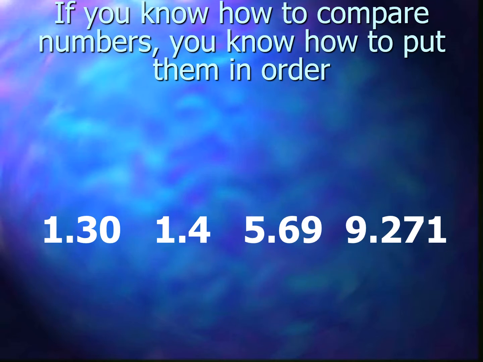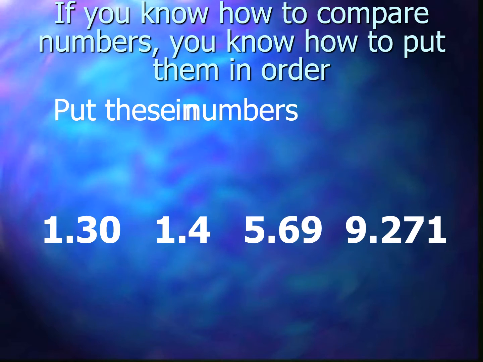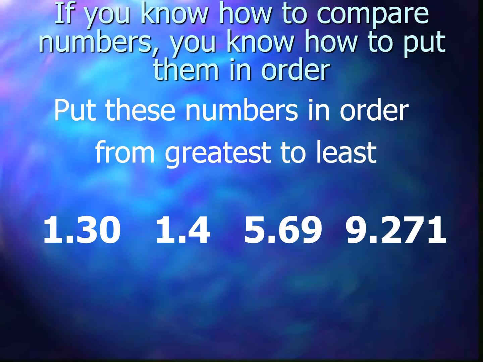Okay, now I'm going to let you try and practice ordering decimals. If you know how to compare decimals and numbers, then you know how to order them. So you may pause the video here, write these numbers down, and start lining them up and ordering them. In this case, we will be ordering these decimals from greatest to least.